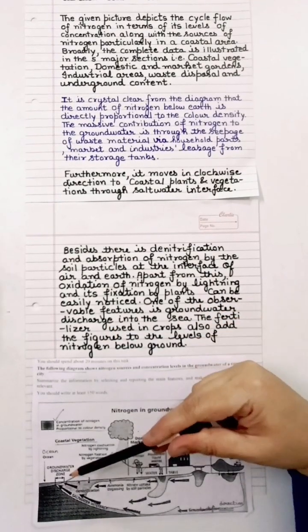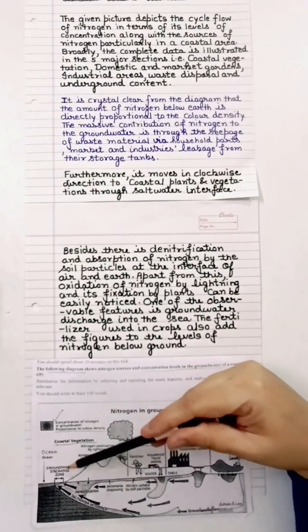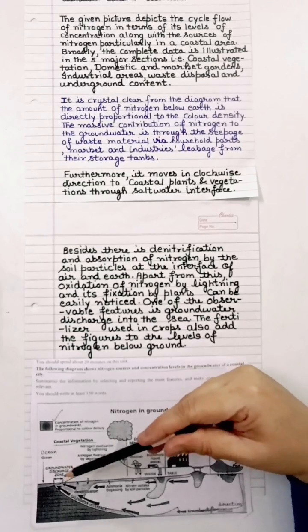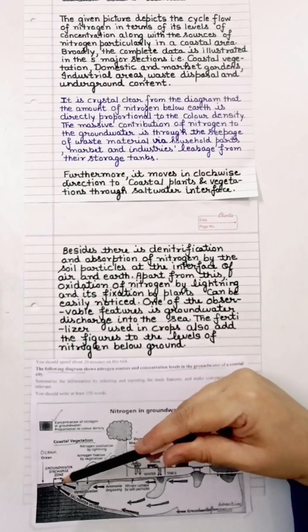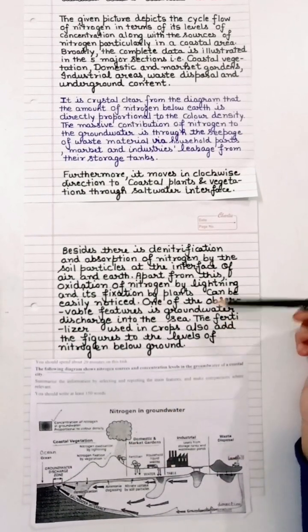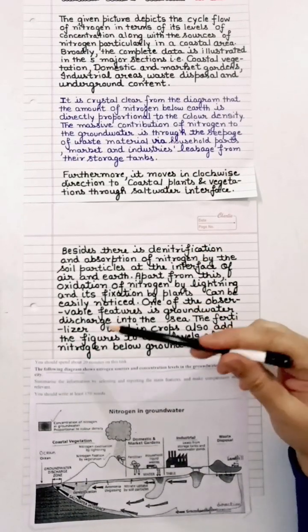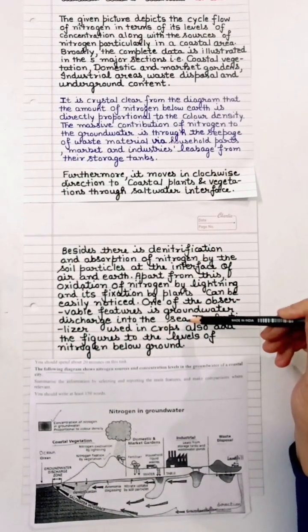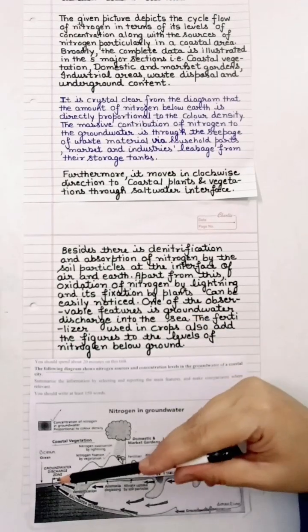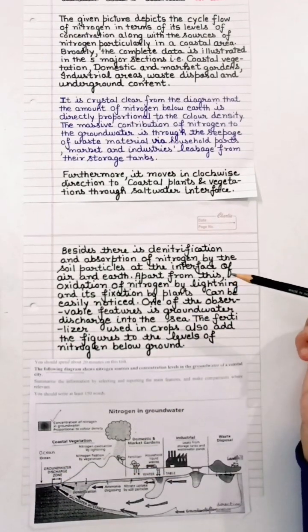Groundwater discharge, this one we have marked. This one also, groundwater discharge zone is written, but to make it different, to create variety, we are writing groundwater discharge into the sea, right? Instead of ocean, we are writing sea.